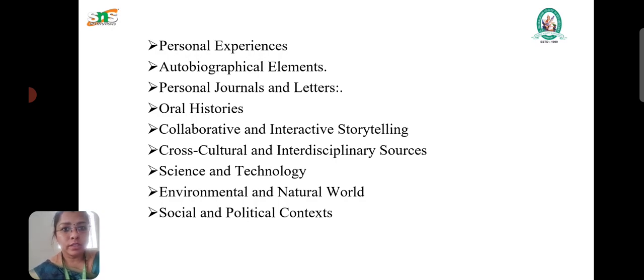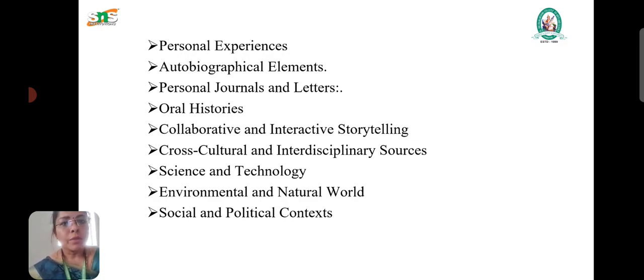Alternative story sources can be taken from all these following components. Those are personal experience. We can take alternative story sources from our personal experiences and autobiographical elements, personal journals and letters, oral histories, collaborative and interactive storytelling, cross-cultural and interdisciplinary sources. We can take story sources from science and technology, environment and the natural world.